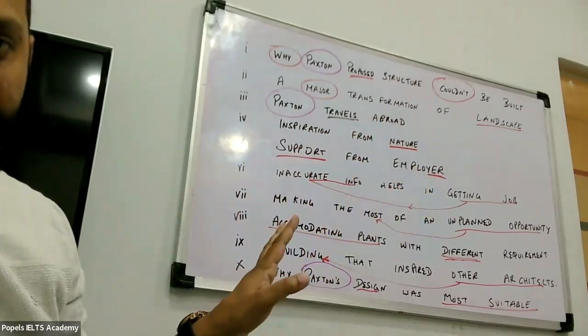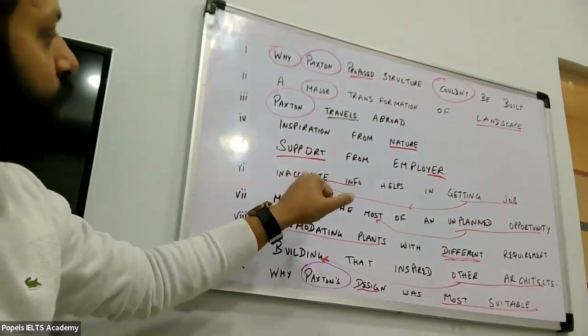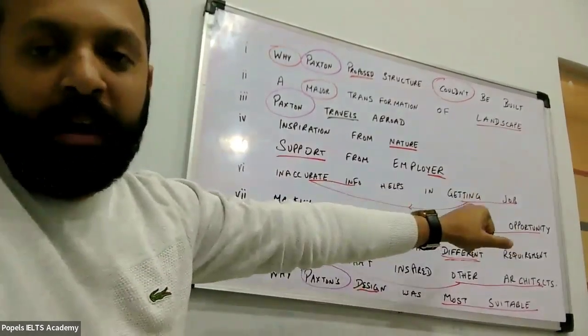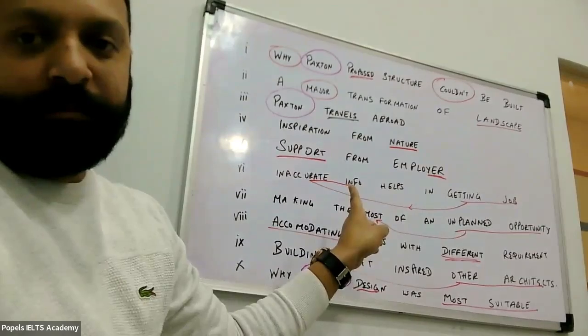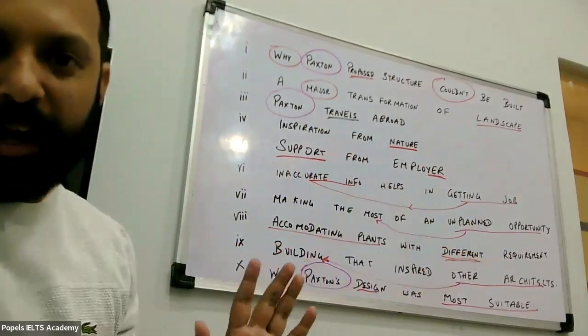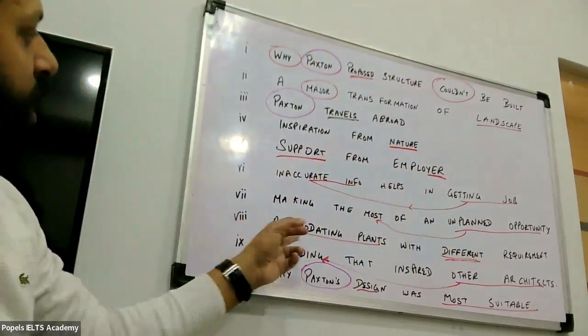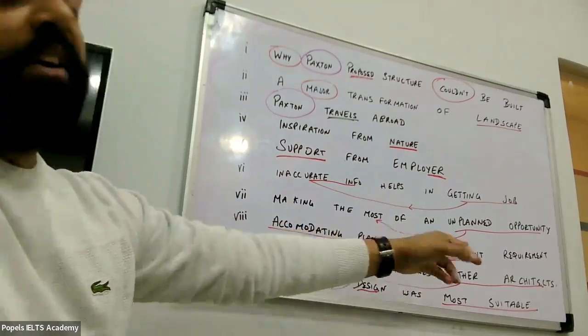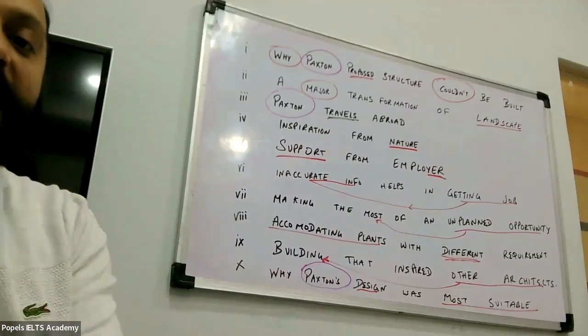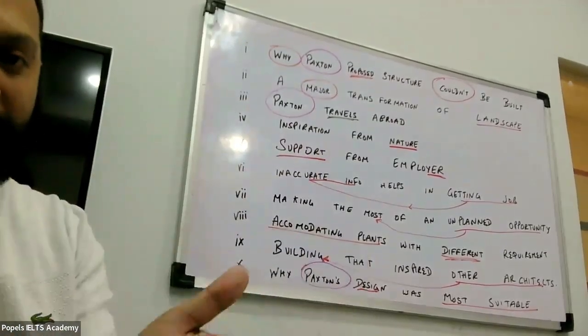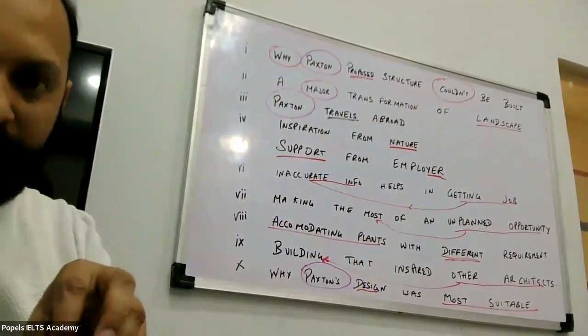It is simple. Next comes inaccurate info helps in getting job. Got the job because of misinformation, wrong information. Clear? Then accommodating plants with different requirement. Plants which hold different requirements are accommodated together.